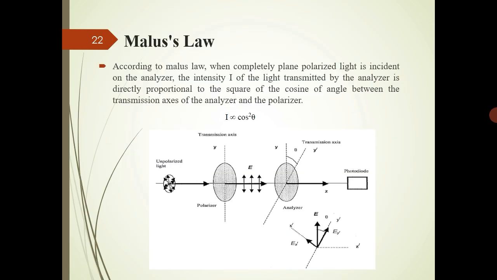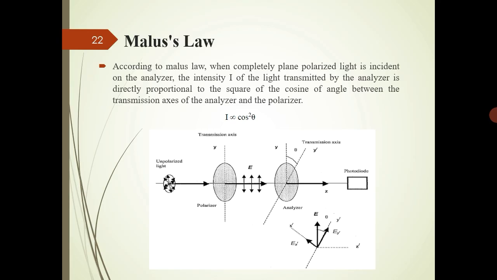The next topic is Malus's law. According to this law, when completely plane polarized light is incident on the analyzer, the intensity I of the light transmitted by the analyzer is directly proportional to the square of the cosine of the angle between the transmission axis of the analyzer and the polarizer.